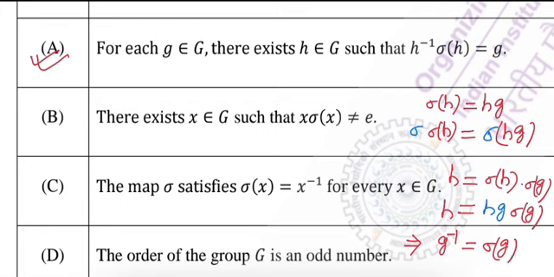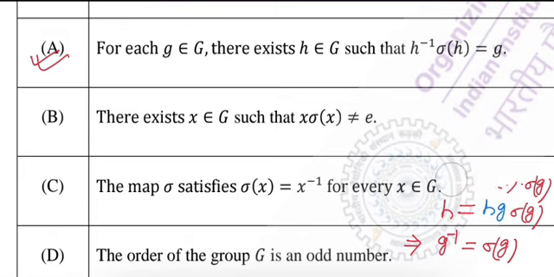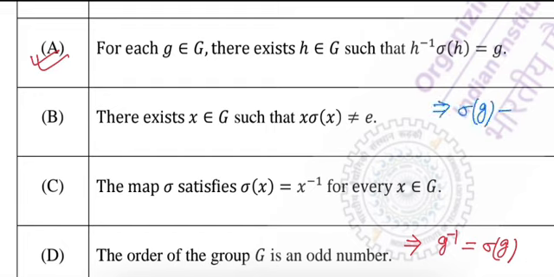So we have got the mapping. I write the same thing afresh: sigma g equals g inverse. If you replace g by x, then this will be sigma x equals x inverse.